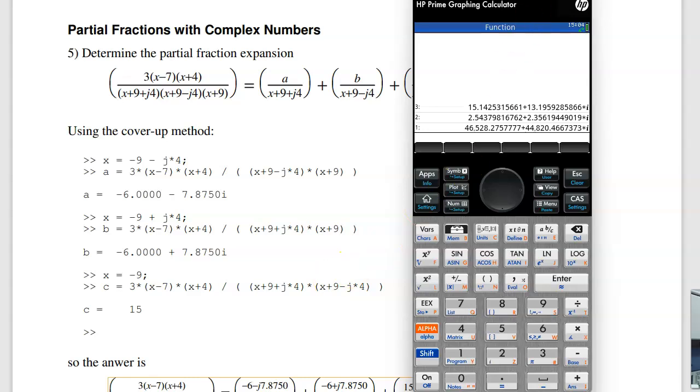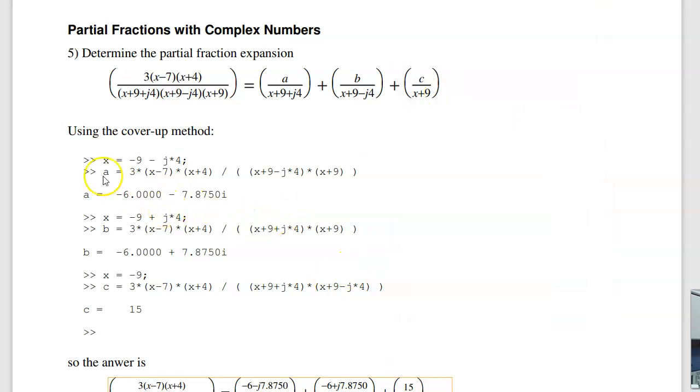Partial fractions. I can do partial fractions with complex numbers as well. If I have this, I know what the answer is going to look like. It's going to be something over x plus 9 plus j4, something over x plus 9 minus j4, and something over x plus 9. To find a, I use the cover-up method. I cover up this term, evaluate at -9 minus j4, and I get an answer.